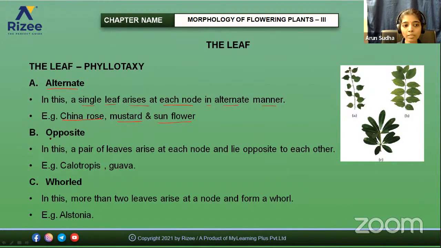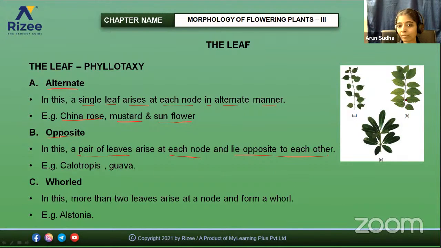And then opposite. So what do you mean by opposite? In this, a pair of leaves arise at each node. So from a single node, a pair of leaves arise and they lie opposite to each other. So if you see the arrangement, this is one node. So here two leaves are present.